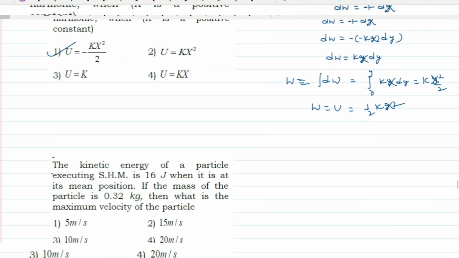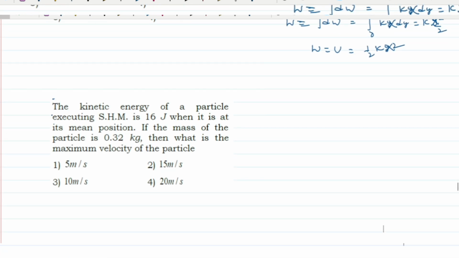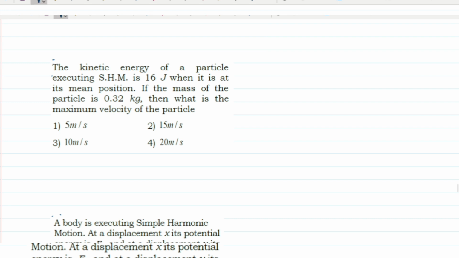The next question says the kinetic energy of a particle executing SHM is 16 joules when it is at the mean position. If the mass of the particle is 0.32 kg, what is the maximum velocity of the particle? The maximum kinetic energy equals half into m into v maxima square.